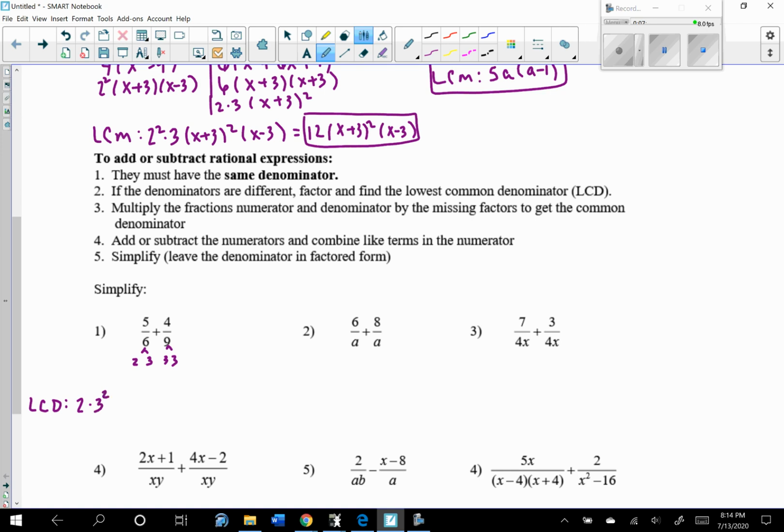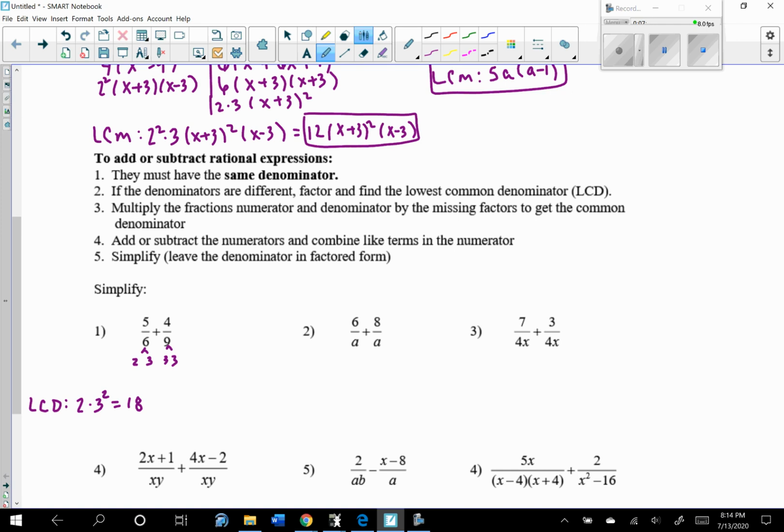Twice. So that means my LCD is 2 times 3 squared, which is 9, so 2 times 9 is 18. Of course, this would have been an easy problem to see without breaking it down, but this is going to help you for the next problems that we do.